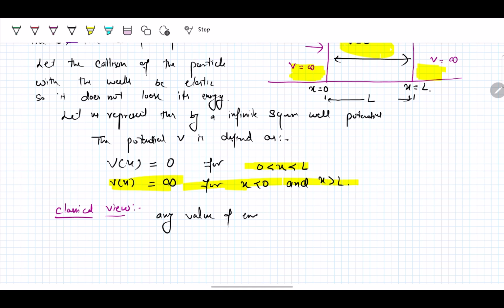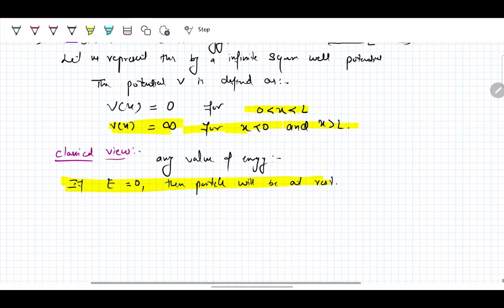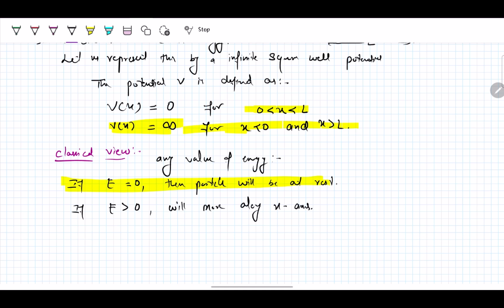If we take E equals 0, then the particle will be at rest. If E is greater than 0, then the particle will move along the x-axis, as we are taking the motion only in one dimension.